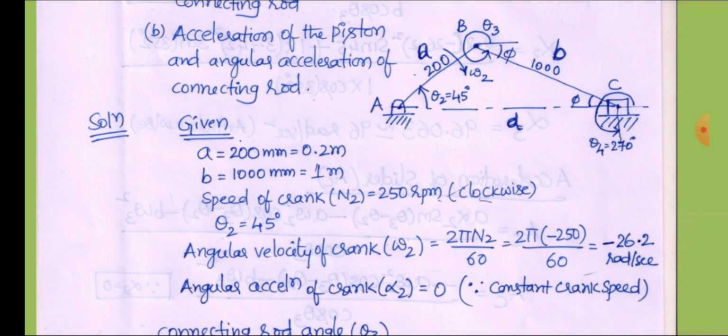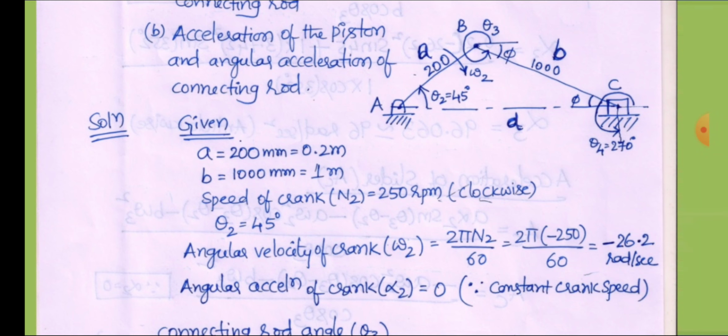One more point to be remembered: it may be given in the statement or it may not be that the crank is rotating at a constant speed or uniform velocity. If it does not mention, by default remember that omega 2 is constant. Therefore, alpha 2 by default becomes 0. Suppose it is not uniform, definitely the value of alpha 2 will be given.